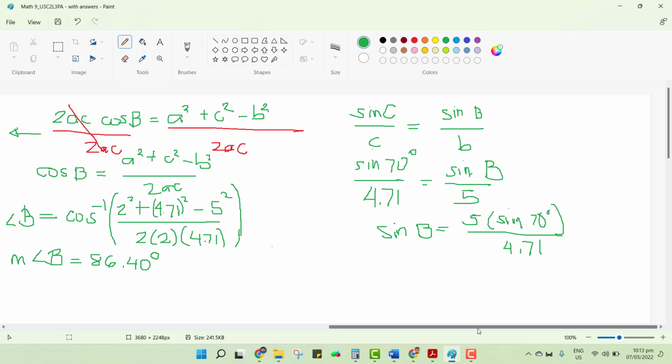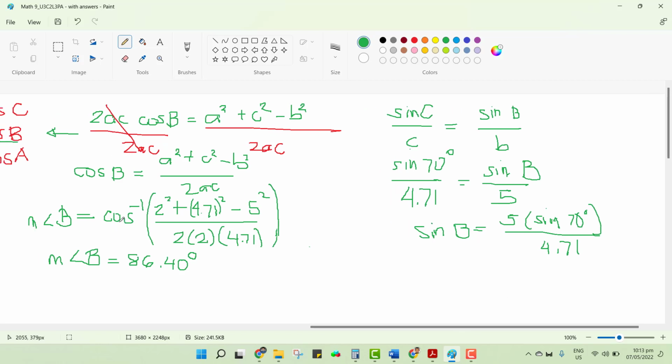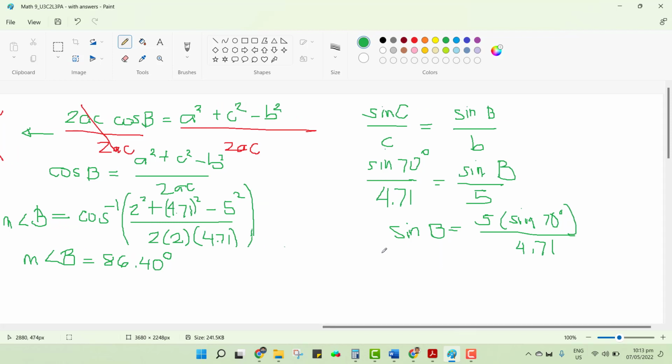And doing the same concept as earlier, to make it easier, we are going to use the arc sine here, the sine inverse, to get the measurement of angle B. So instead of cosine, because of the law of cosine earlier, now we are using the law of sine.